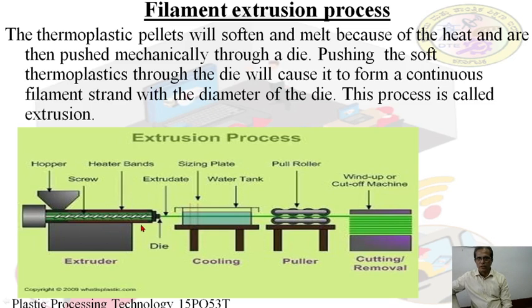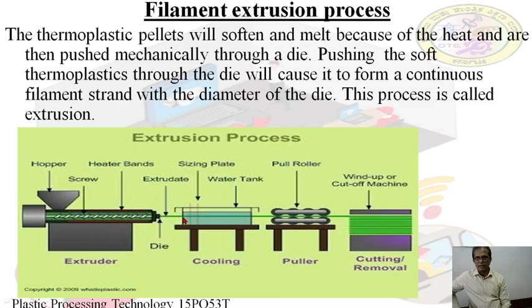See, the extruder is the main machine we need. The hopper is here, the material is charged here, and the melting of the material and pumping of this molten material through the die takes place here. The extrudate is coming out of the die as shown here.